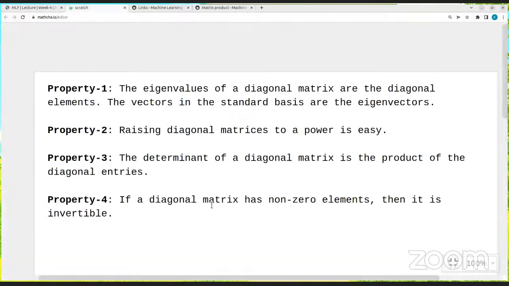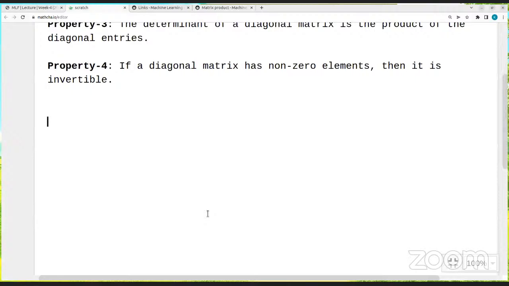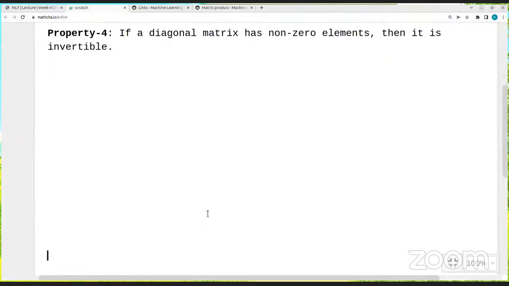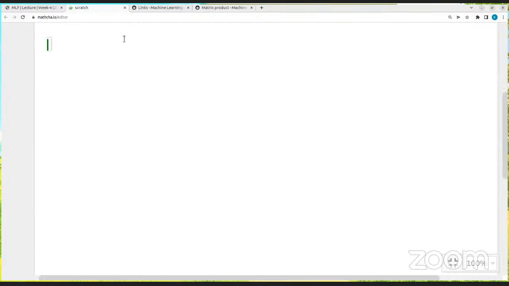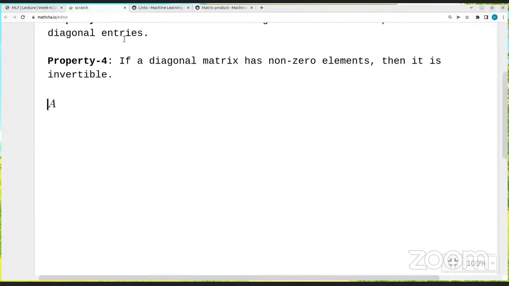So what we have done is we have started with the diagonalizable matrix A. If A is diagonalizable, then A equal to Q D Q inverse. Sir, if possible, can you explain with an example?